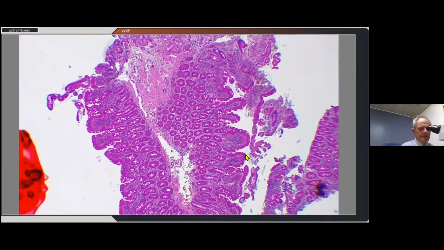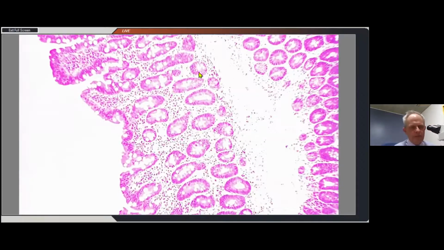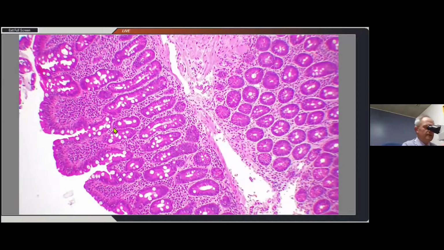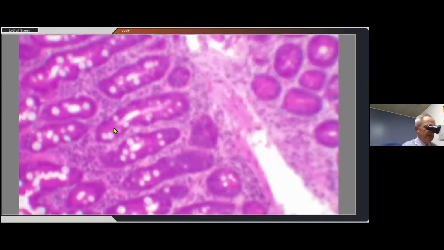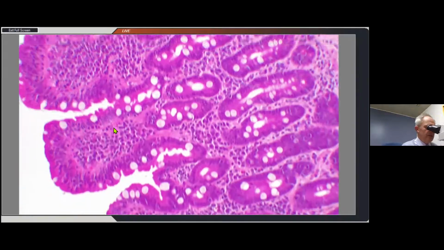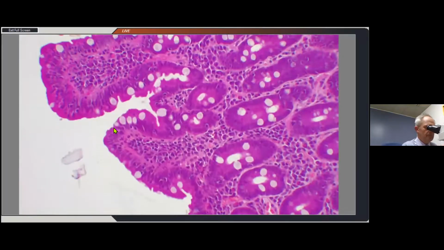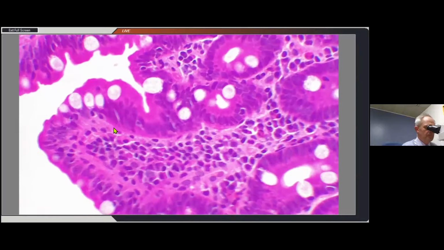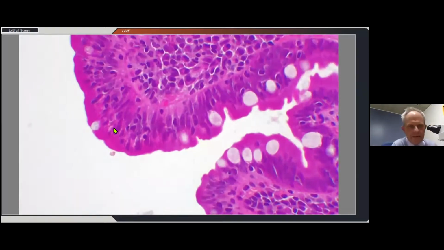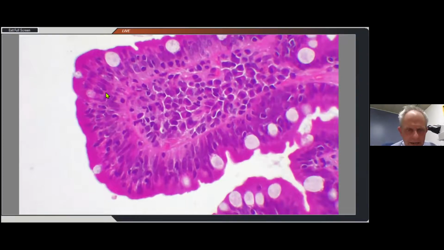So looking at this then, we see that the lamina propria does show focal expansion by a mononuclear component. When we have a closer look at that, you can see that we have large numbers of lymphocytes that are migrating into the epithelium.